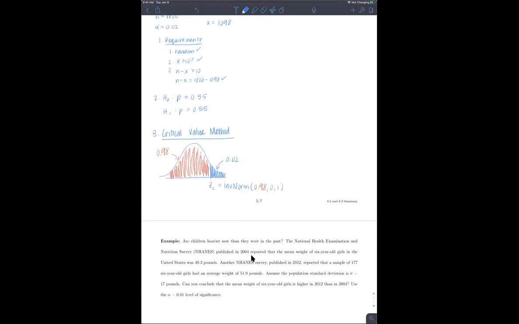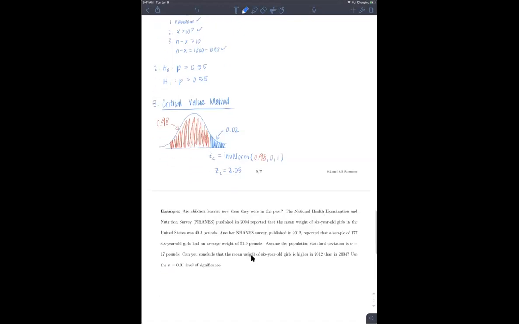Okay, there it goes. Okay, that's good. I got 2.054. Okay, I'll round that to 2.05. And so, yeah, that's the critical value then, is this 2.05.